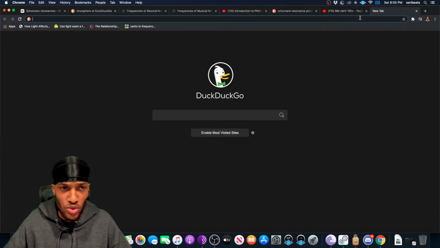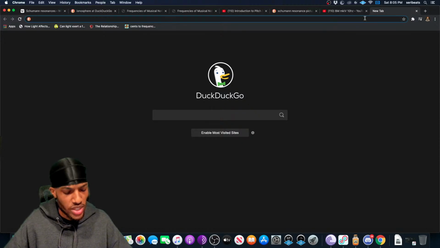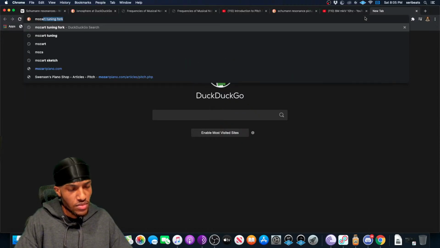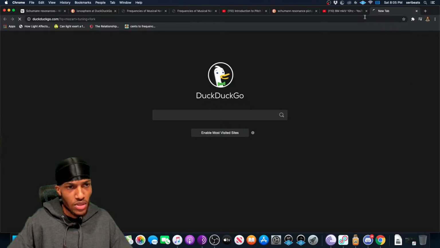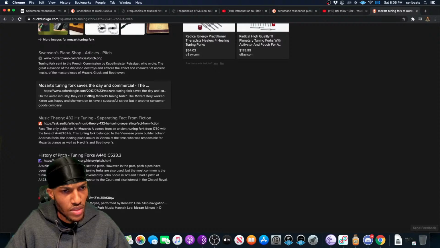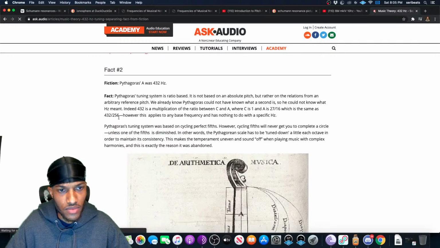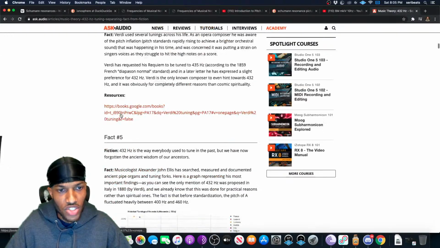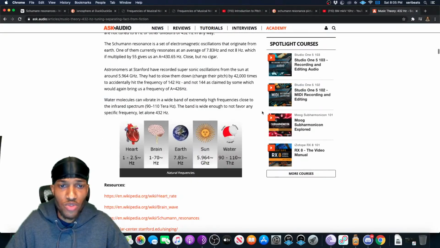Mozart's tuning fork that they found, or one of them, was 421.6, and other composers were about 422. They've been in the 420s before. This just shows you that music had been tuned to around 421.